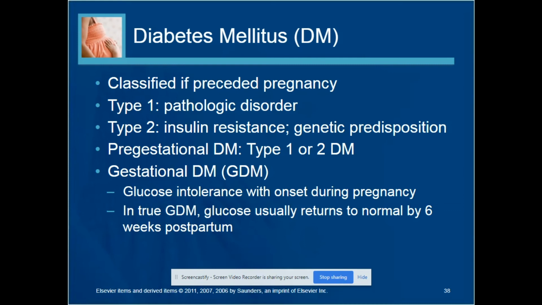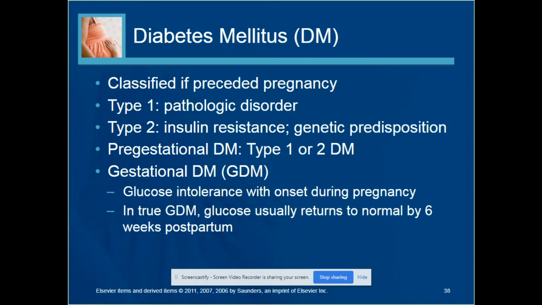So we have diabetes mellitus before we have pregnancy. Type 1 is a pathologic disorder where they are not creating enough insulin for their needs. Type 2 diabetes is an insulin resistance or a genetic predisposition. Pre-gestational diabetes mellitus can be type 1 or type 2.